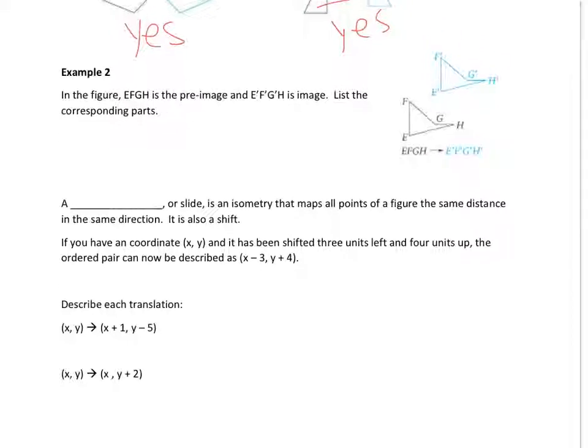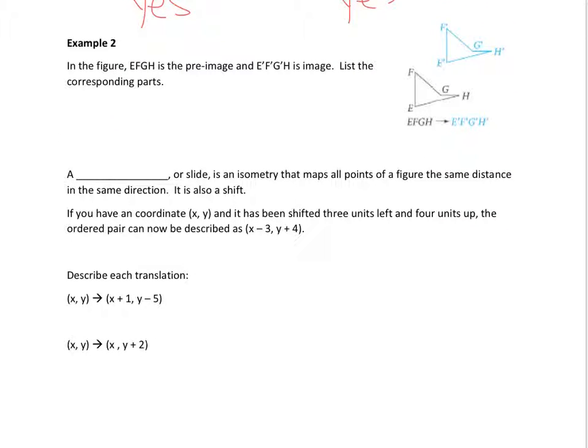Example 2: in the figure, EFGH is the pre-image. So this is first, and E prime, F prime, G prime, H prime is the image. List the corresponding parts. I'm not going to do all of them, but segment FE is congruent to segment F prime E prime.